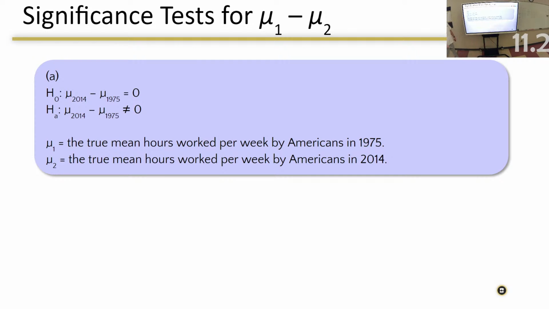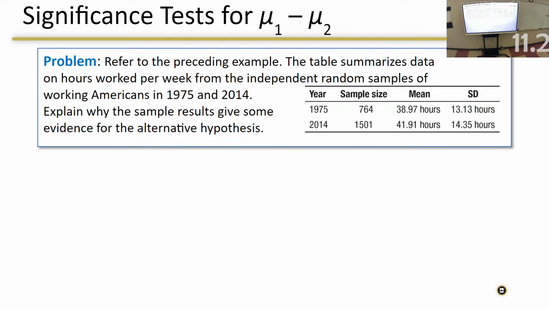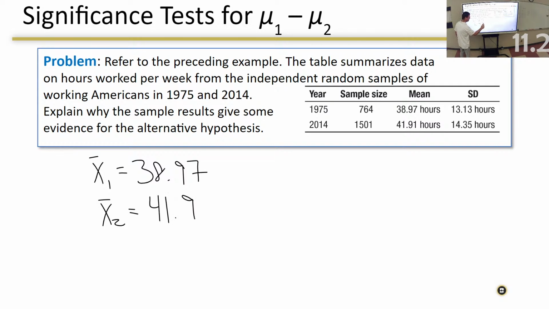Beautiful. Okay, explain why the sample results give some evidence. I don't think I've ever seen AP ask this, but here's some evidence. Well, x bar 1 is equal to 38.97. x bar 2 is equal to 41.91. And those are not the same.